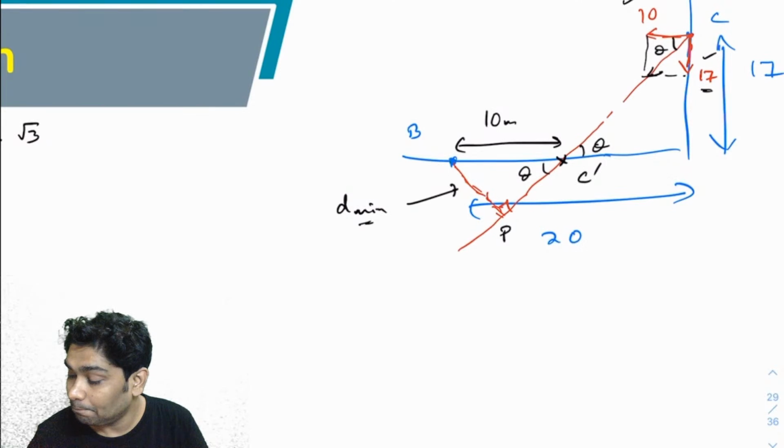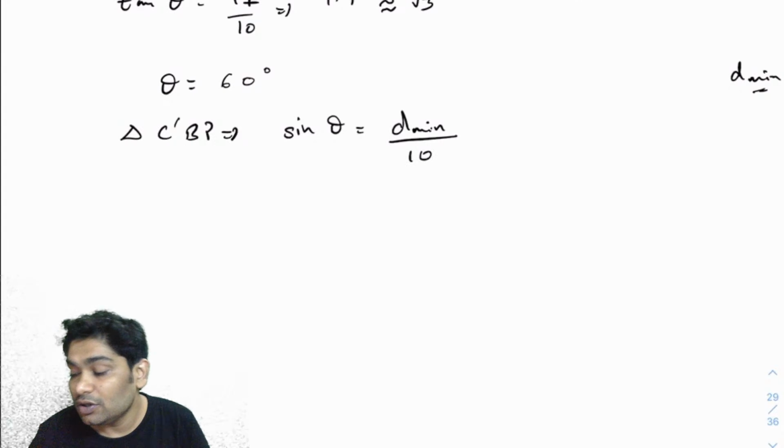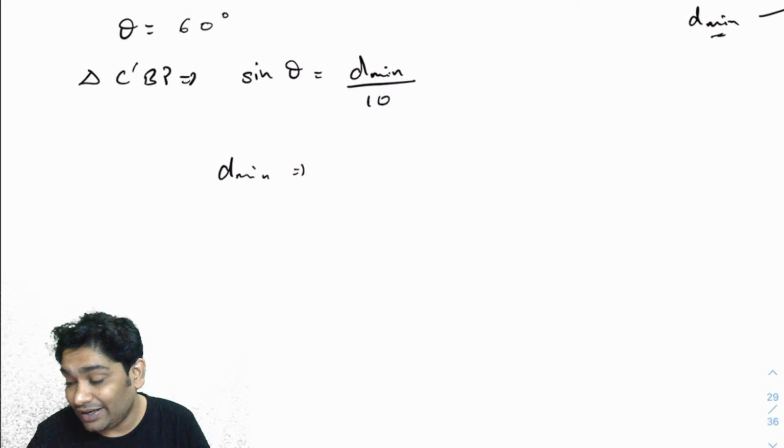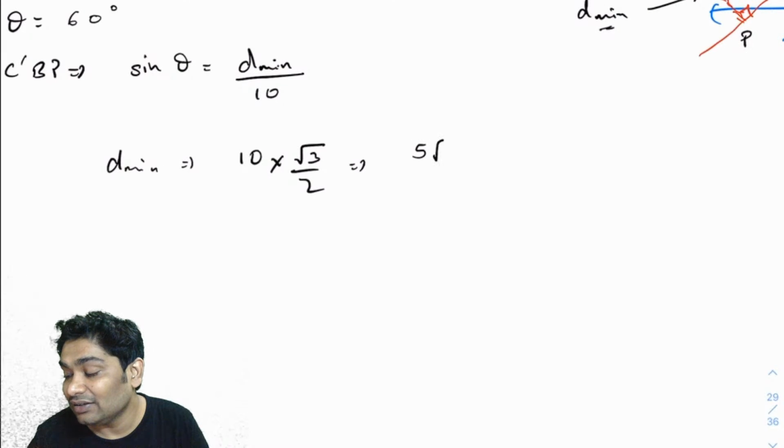Yeah, perpendicular upon hypotenuse. So from here you will get your d minimum as 10 times sine of 60, being root 3 over 2. So 5 root 3.